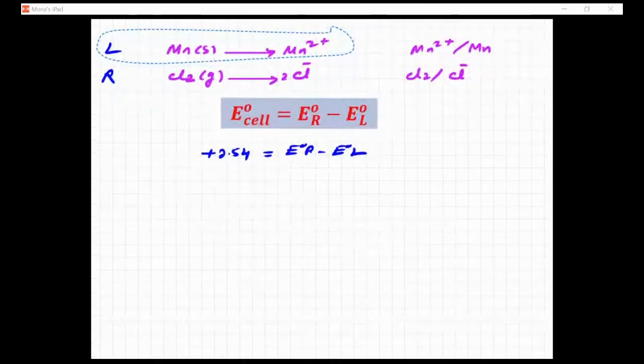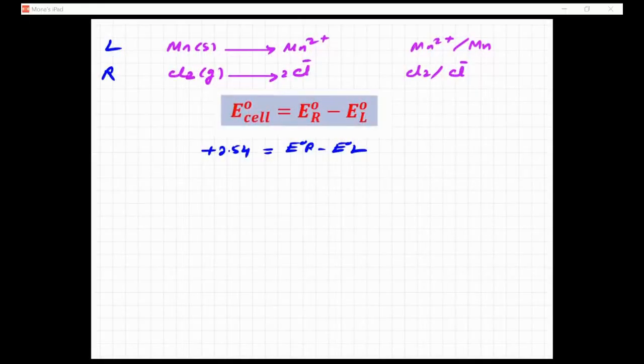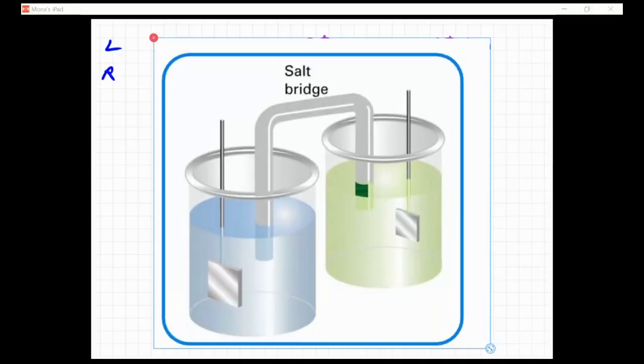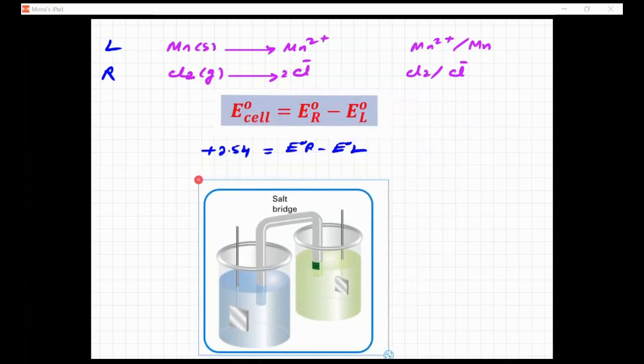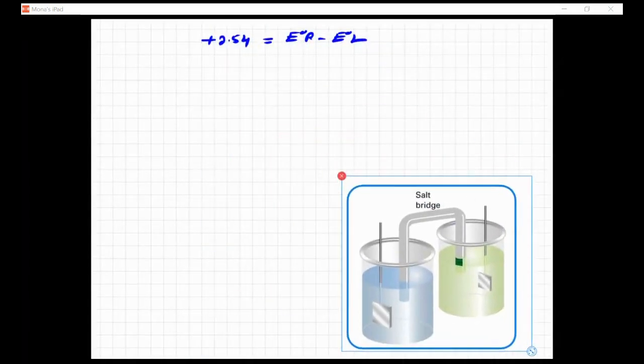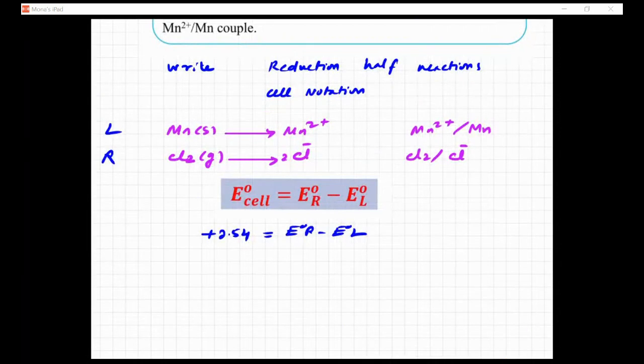So I can represent this cell here. Let me write the right and the left. What we have is Cl2 gas plus 2 electrons giving 2 Cl minus, aqueous.